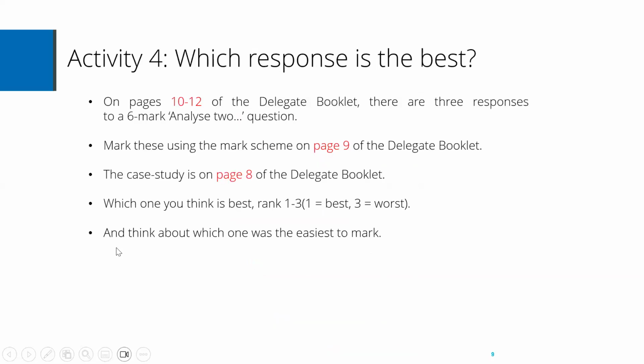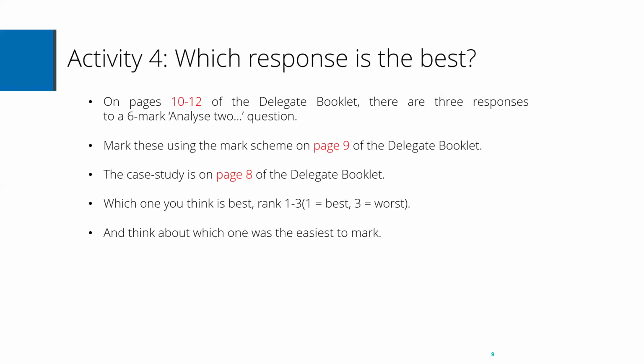Okay. Now, in the delegate booklet, please ignore the page numbering, because the page numbering was taken from when this was one massive delegate booklet. What you should be looking at is pages 3 to 7. On page 3 you have got the extract.